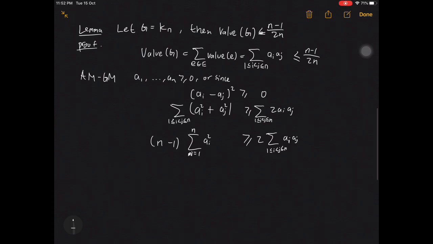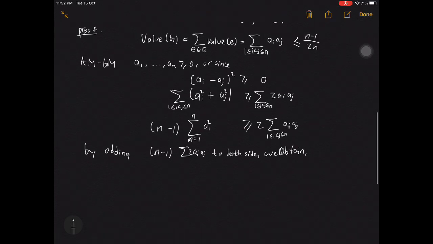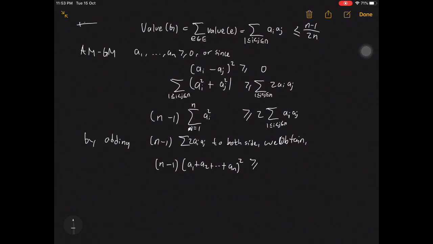So now by adding 2 times the sum of ai aj to both sides, we obtain on the left hand side n minus 1 times what we want just now, (a1 plus a2 until an) squared, is greater than or equal to, on the right hand side, 2 plus 2 times (n minus 1) of the sum over i<j of ai aj.